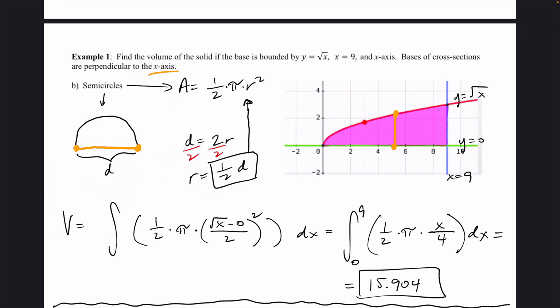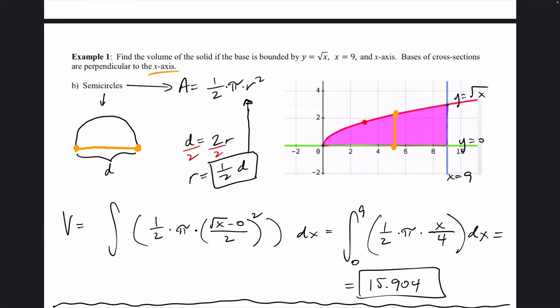Diameter means nothing when I'm trying to find area. Radius is everything. So you have to convert it. It's not a hard conversion, but that's the tricky part sometimes. When they give you something and you don't need all of it, you need some of it, so you have to convert it.